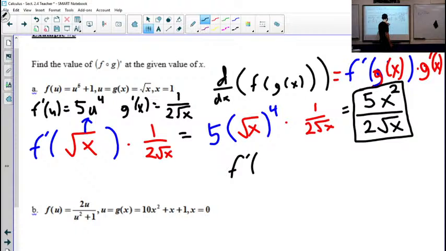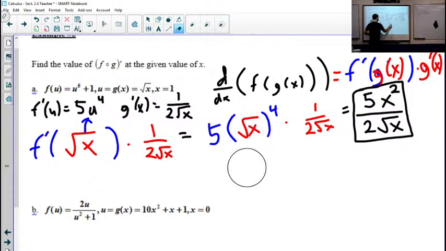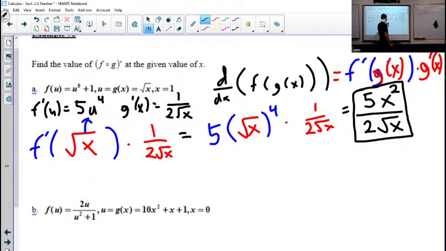So at x equals 1, it would be 5 halves. I plug in 1 for x. There you go.